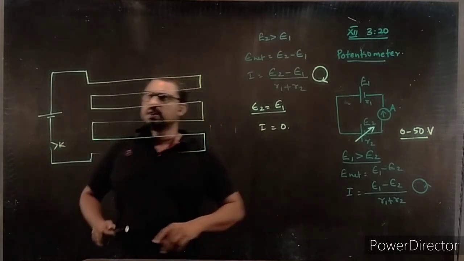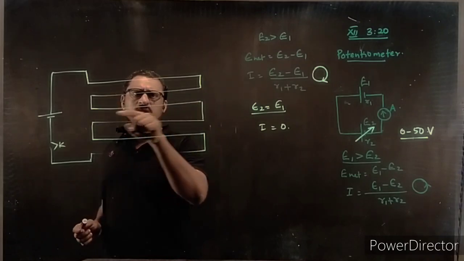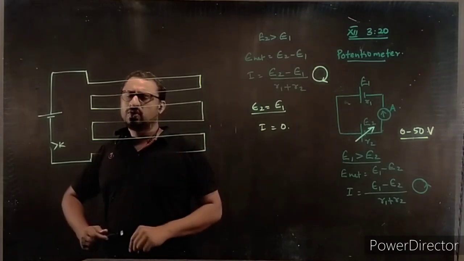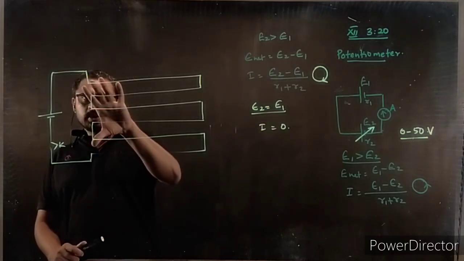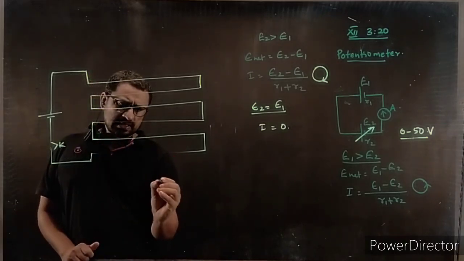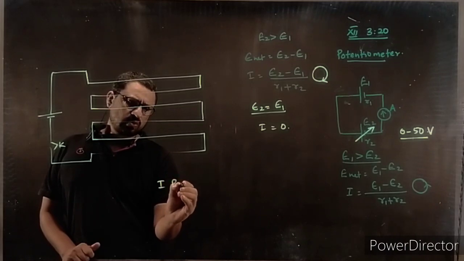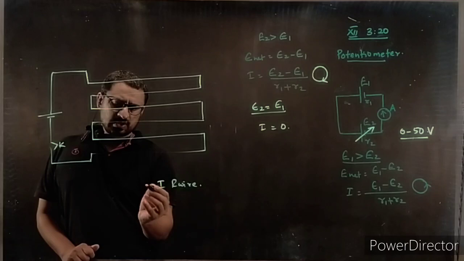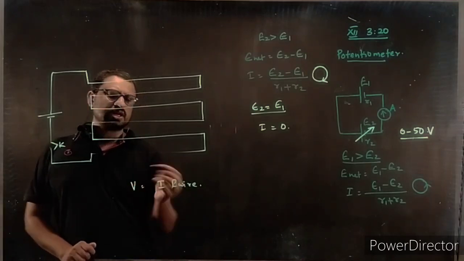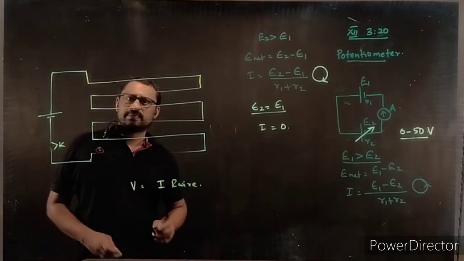Now through this wire, what happens? Current will flow. What is the total potential difference of the wire? That will be current into resistance of the wire. Isn't it? So the potential difference will be I into the resistance of the wire.